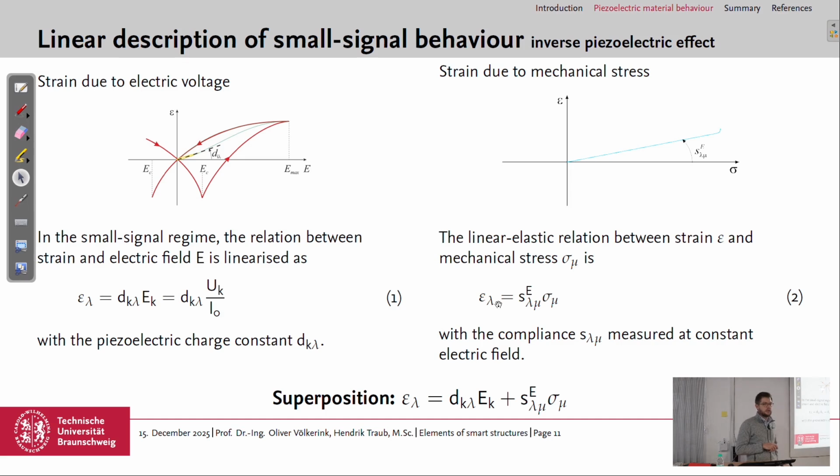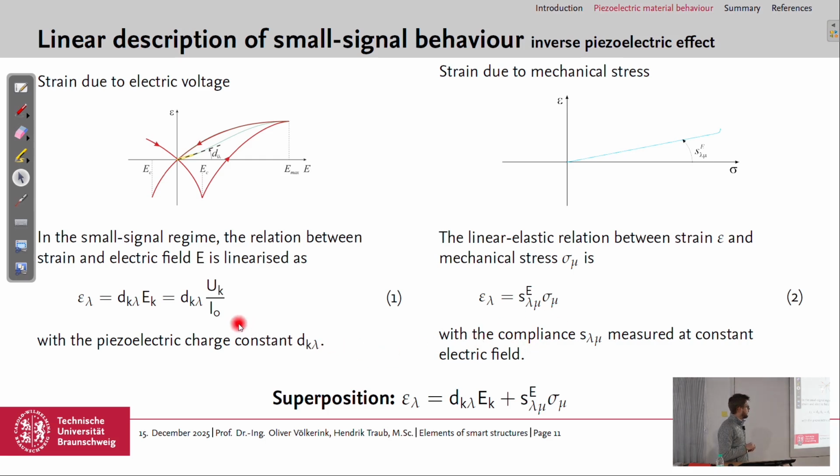So compliance, the inverse of the stiffness or the Young's modulus in this simplified model. And the exponent E says that the compliance is measured at a constant electric field, because otherwise the compliance would change with the electric field since it alters the mechanical behavior. But we assume one compliance.